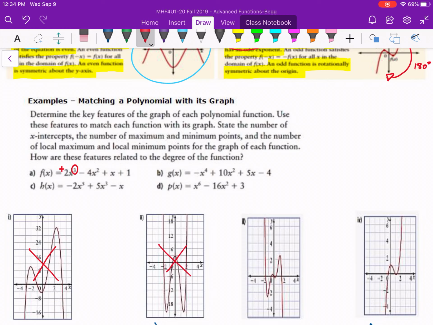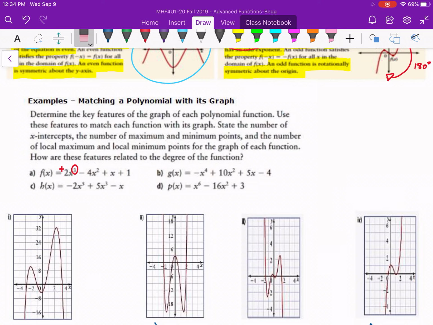This one's also even because of the end behavior. It has to be either the third or the fourth one to be odd degree. To have a positive leading coefficient, those always go from quadrant 3 to quadrant 1. So A has to match up with this graph here because of that little bit of detective work we just did.